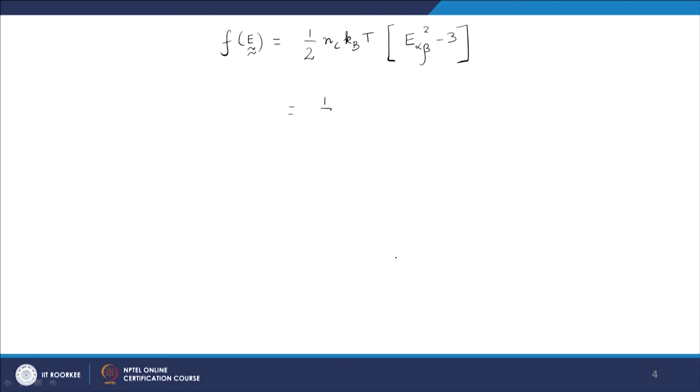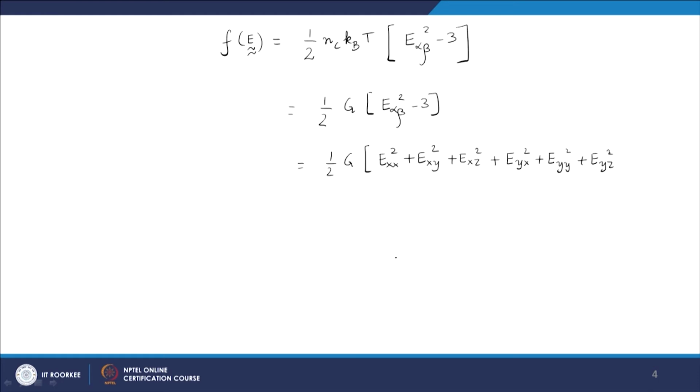So, we can also write it as half of G and this term we can write as Exx square plus Exy square, both alpha and beta are dummy variables here, Exz square plus Eyx square plus Eyy square plus Eyz square plus Ezx square plus Ezy square plus Ezz square minus 3.